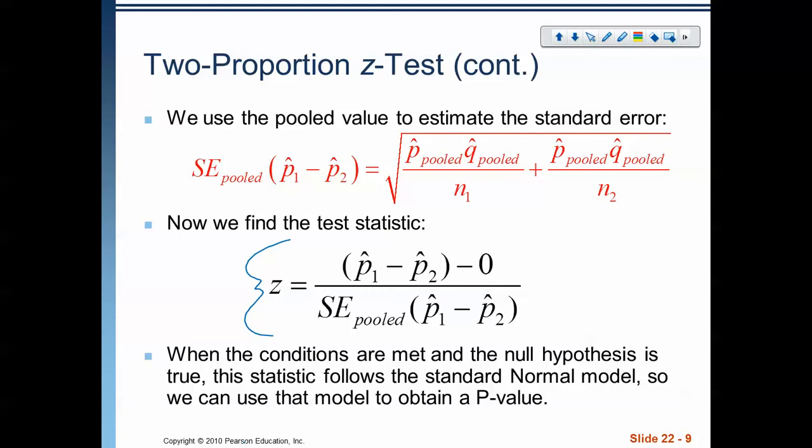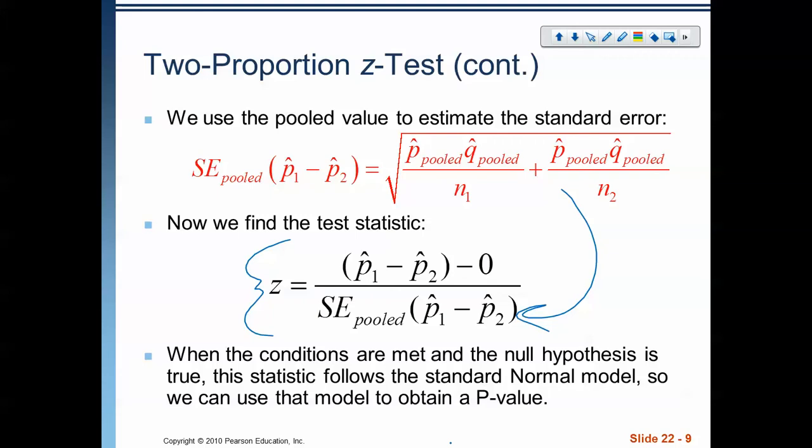The z-score that I need to find is the difference between my samples, minus 0, over this unwieldy, ungodly looking thing right there. And as long as our conditions are met, we can use this z-score to find a p-value and thus determine the conclusion of our hypothesis test.